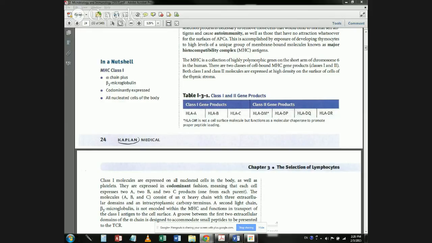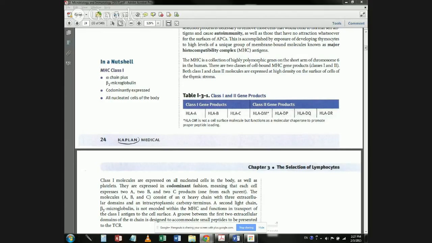So we have the class 1 gene products and class 2 gene products. Chromosome 6, its short arm, has these MHC genes, and MHC1 is there and MHC2 is there. Now, when these genes are transcribed and then translated, they form these products.